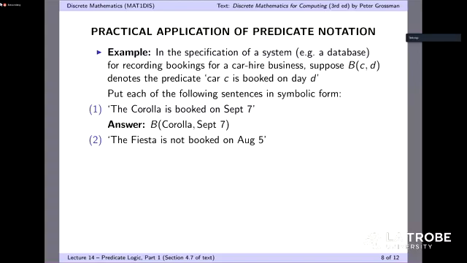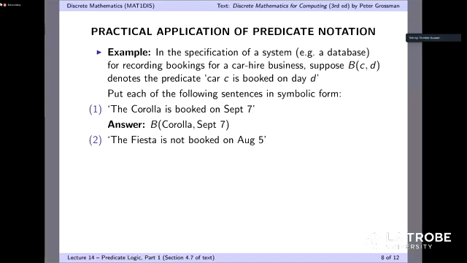Remember, when you look at that predicate B(C, D), there is no quantifier or connective inside the brackets. So we are not going to put any quantifier or connective inside the bracket.